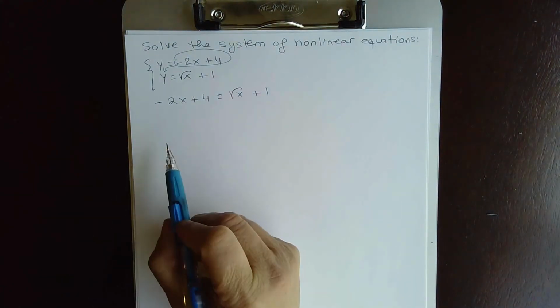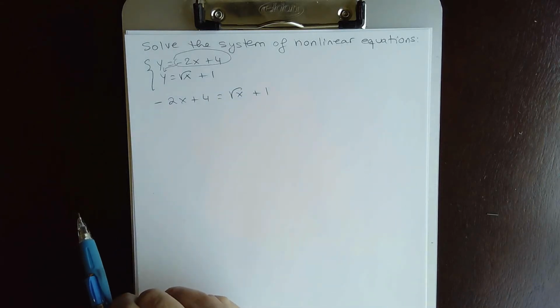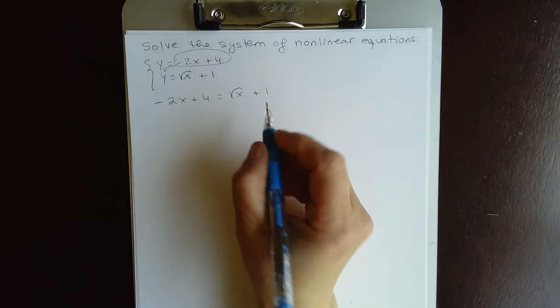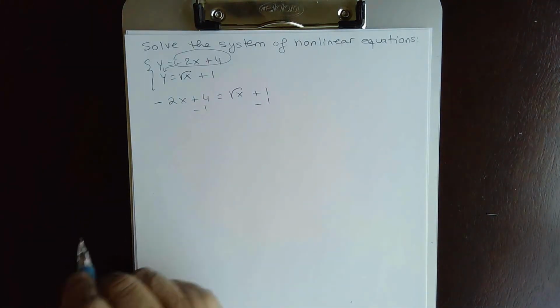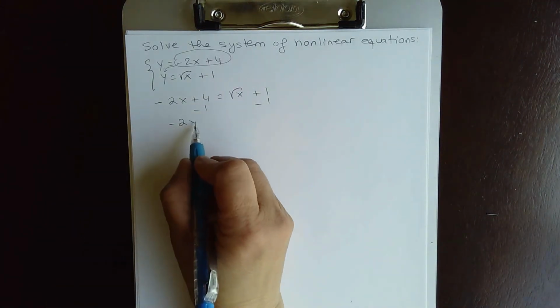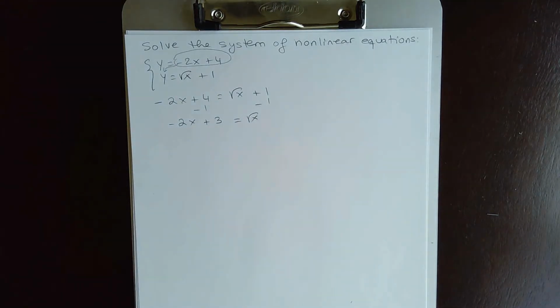Now we need to solve this radical equation. We need to isolate the square root of x. So we subtract 1 on both sides, and we get negative 2x plus 3 equal to the square root of x.